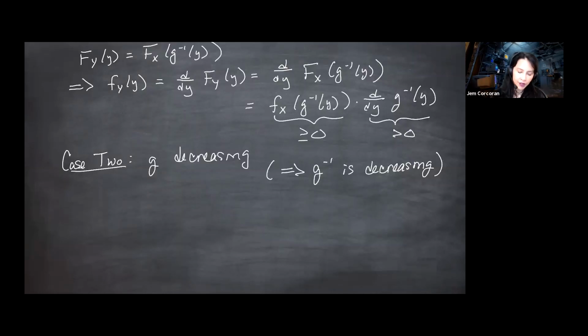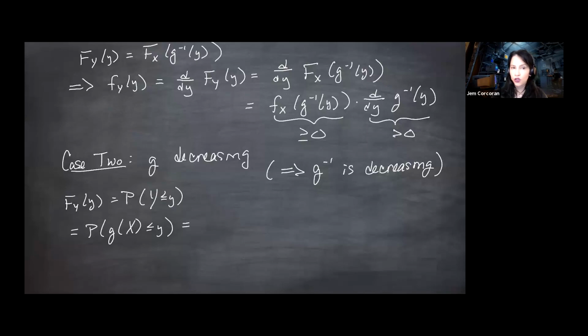Okay, so I'm going to find the CDF for y again. This is the probability that y is less than or equal to little y, where big Y is g of big X. Solving for X, I'm going to apply g inverse to both sides, but if you apply a decreasing function, let me quickly draw something over here.